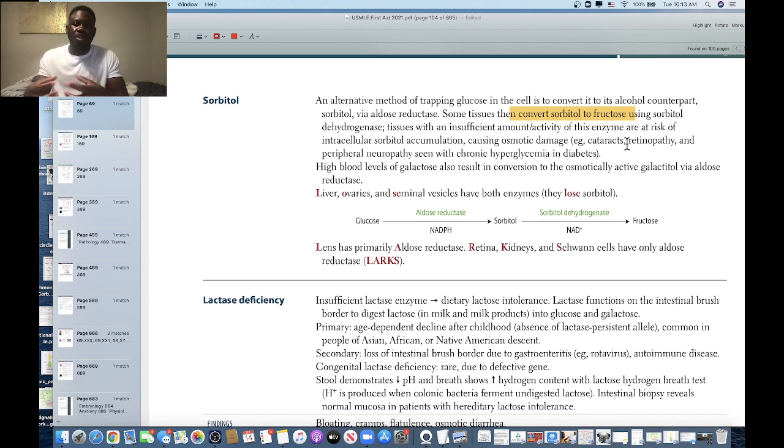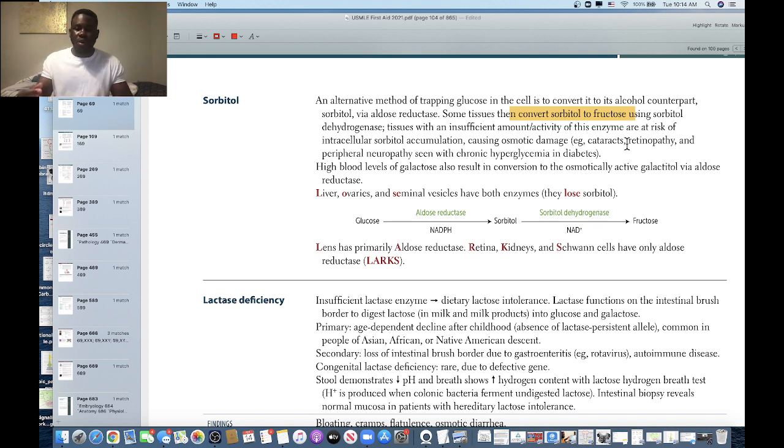Now, if the sorbitol accumulates in the lens of the eye, for instance, the sorbitol starts drawing a lot of water into the eye, and that will cause osmotic damage to the lens. So if we can't break down the sorbitol, then it will draw water. But if we can break it down, then it's not going to draw any water.